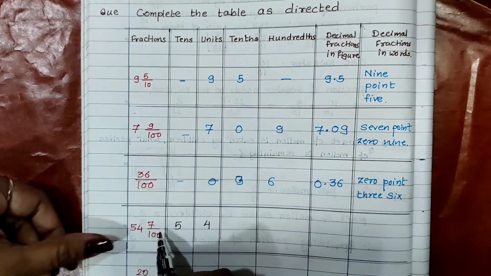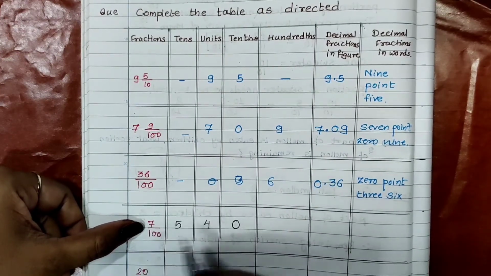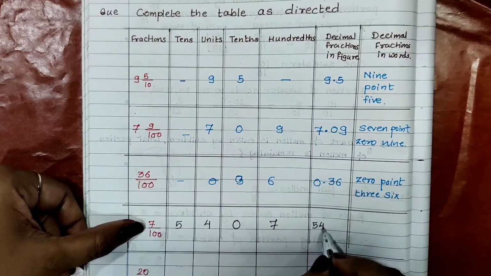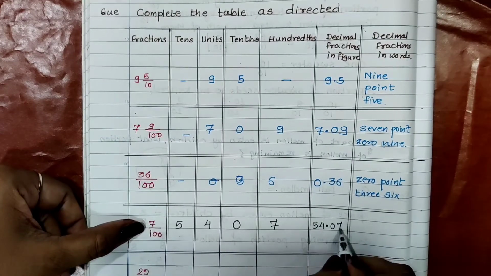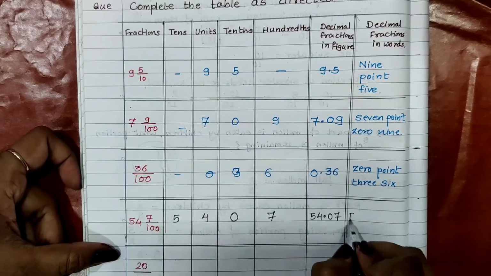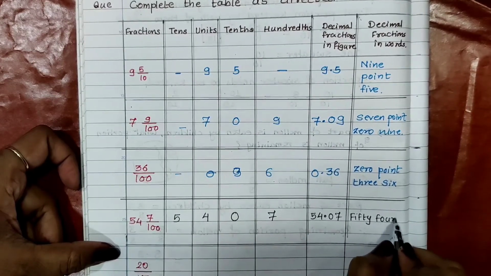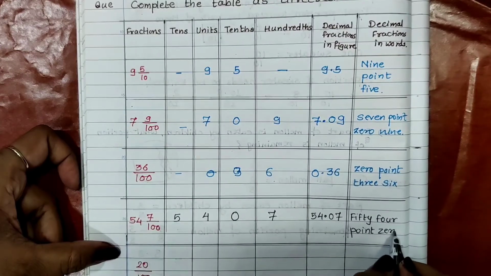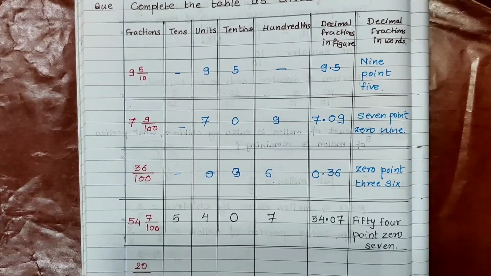So after decimal point, the number will be 0, and then at hundreds place 7 is there. So the decimal fraction in figure will be 54.07. How to write in the words? 54.07. Okay, in this way we have to write and read.